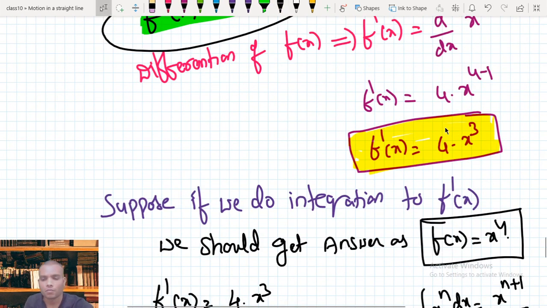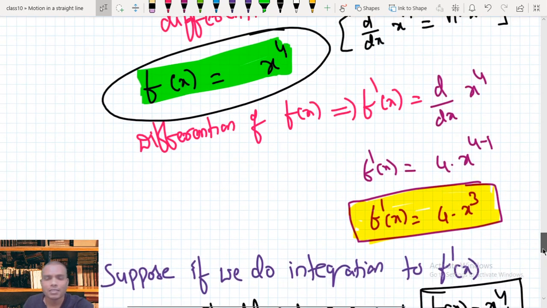To get the same function back, what do we need to do here? We need to integrate the differentiation function. So that's the way integration is the reverse operation to differentiation.